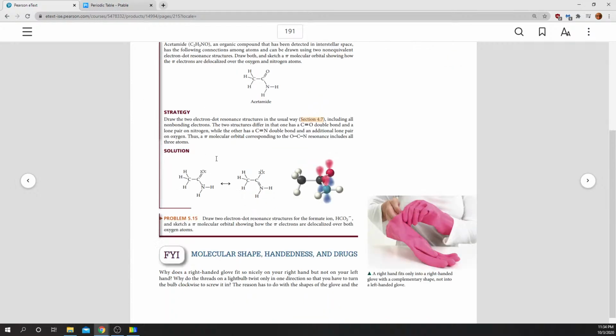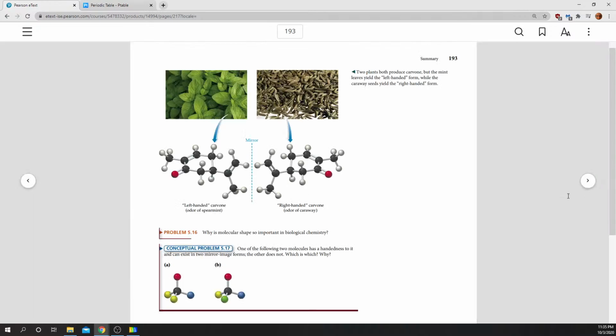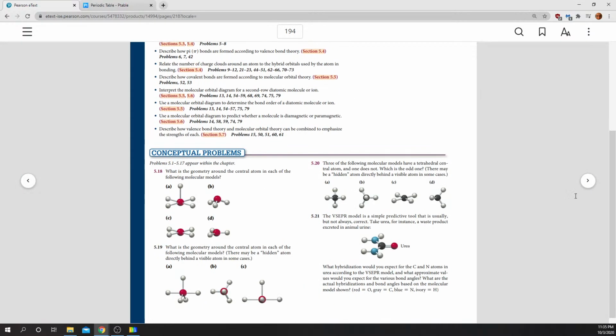Acetamide. All right. What is the geometry around the central atom in each of the following molecular models? Okay, this should be easy peasy for you all by now.